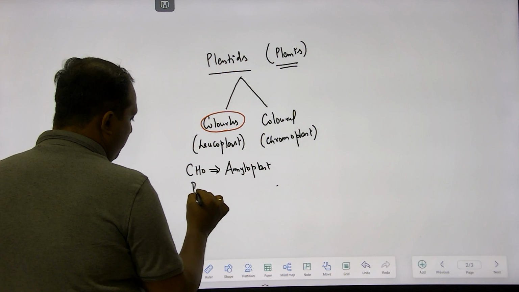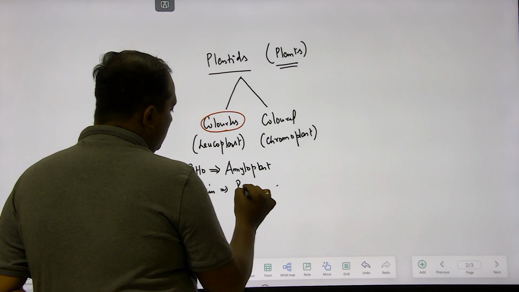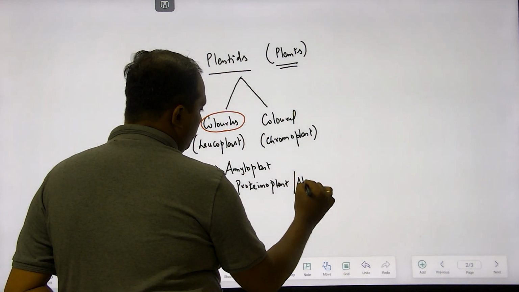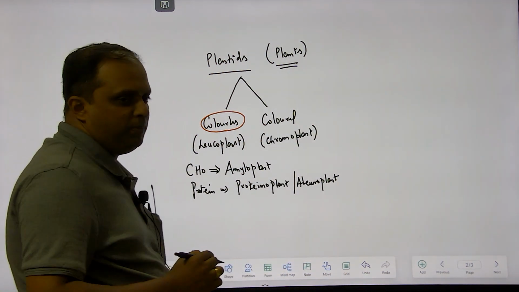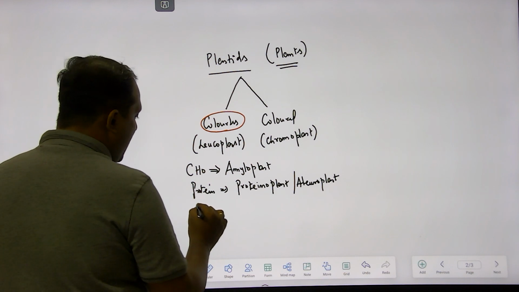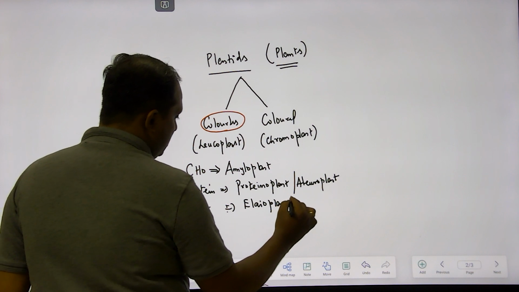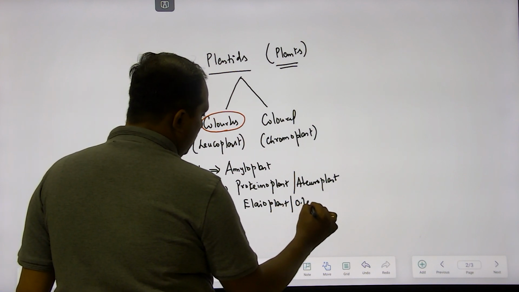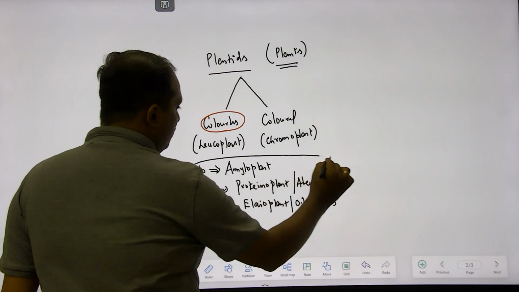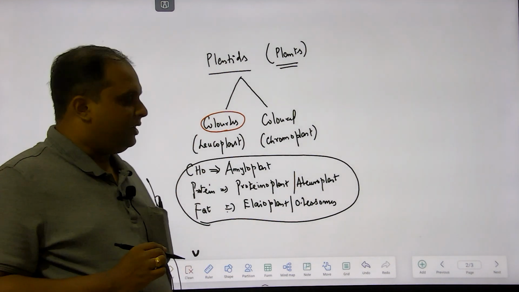If it is a protein, you can call it a proteinoplast, or you can also call it an aleuroplast. If it is a fat, it is called elaioplast, or sometimes oleosomes. So these are the terminologies involved in the colorless plastids. That is the leucoplast.